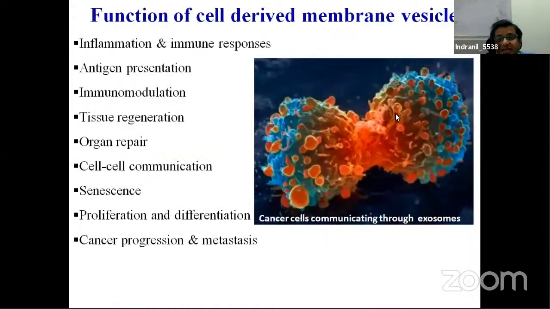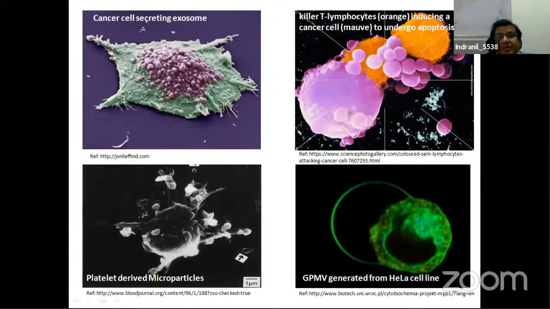Here you can see in the next image a killer T lymphocyte inducing a cancer cell to undergo apoptosis, and here are the apoptotic bodies that the cancer cell is producing. Now in the third image, this black and white one, you can see that platelets are secreting microparticles.